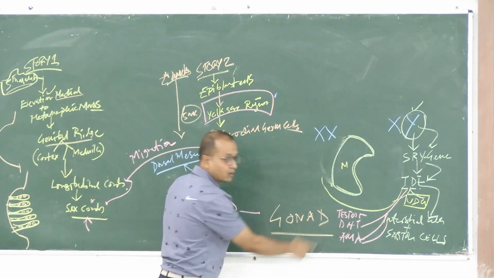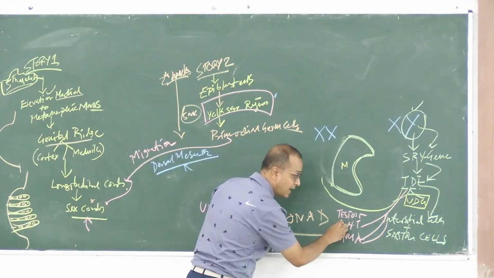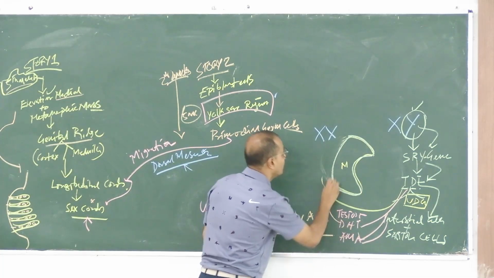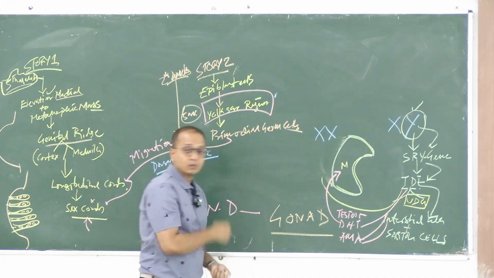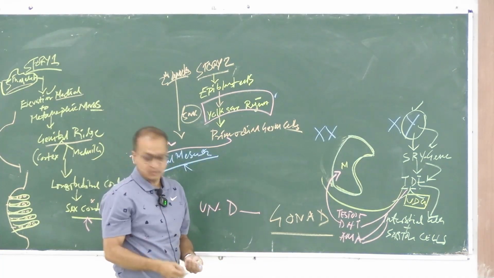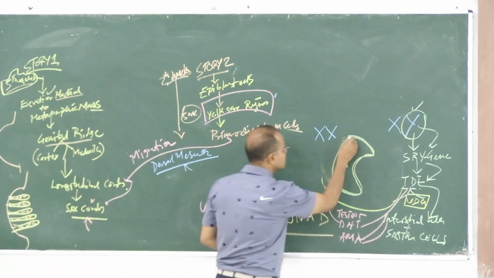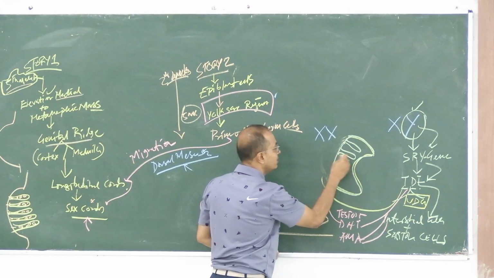Now, this testosterone, dihydrotestosterone, and anti-Mullerian antigen stimulate this medulla. Now this medulla is going to become the testis. Now, what happens? We have these sex cords that remain over here.